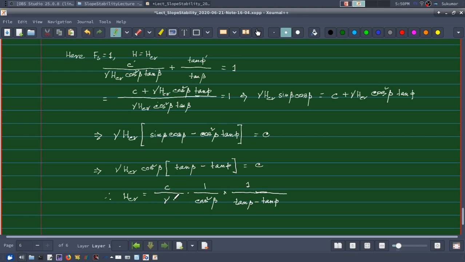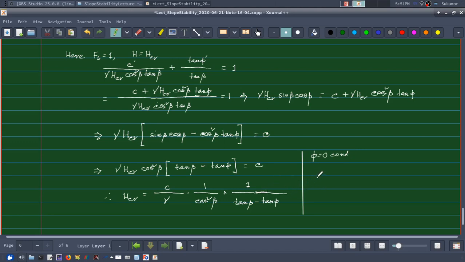Now when the phi equal to 0 condition prevails, if the soil is purely cohesive and it is undrained, then this term will not be there. For the phi equal to 0 condition, my C will become undrained C, that is Cu.